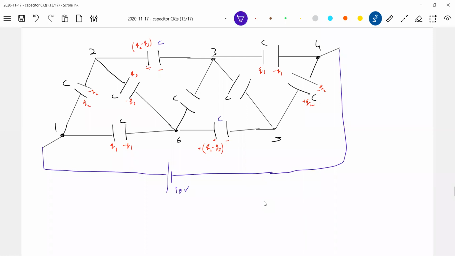How much charge should be here? Q1 minus Q2 plus 2Q3. Look at this charge. What should be the charge here? It should be Q3.